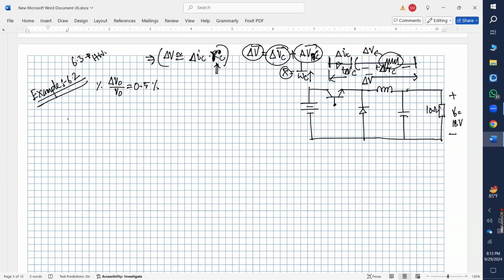So what should be your del V naught? 0.5 into 18, so it should be 0.005 multiplied by the output voltage, right? So what should be the value? 0.09.